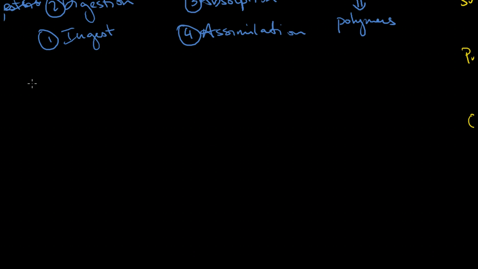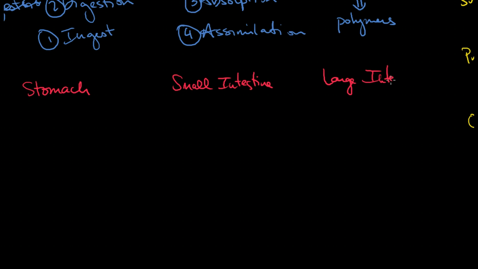You have to know the functions of the stomach, the small intestine, and the large intestine. Now, of course, you need to know the functions of all the parts, but these in particular.